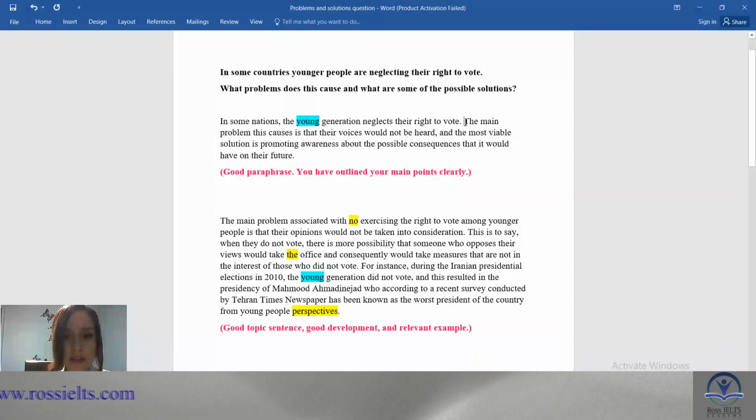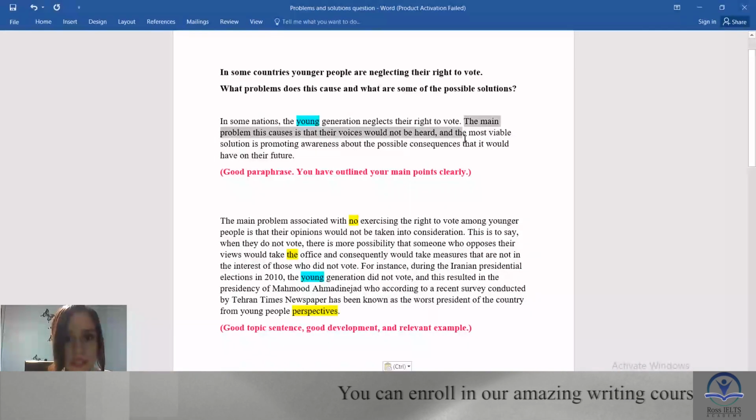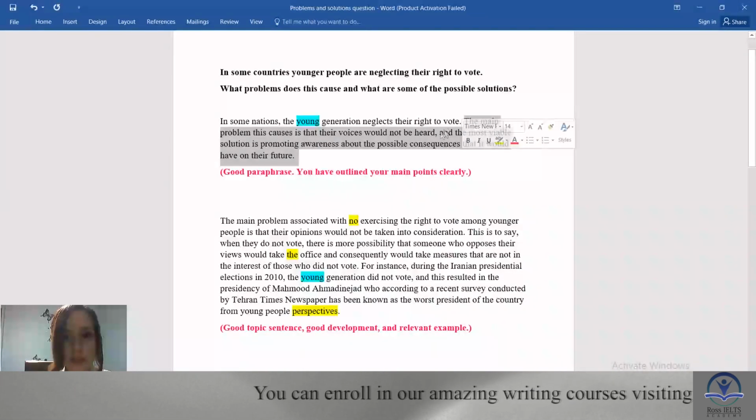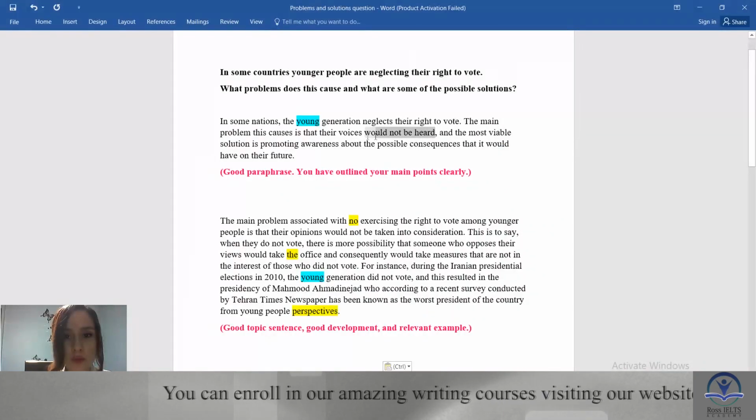And then after that, the candidate should answer the question, just to mention the problems and solutions for this question statement, which the candidate has said the main problem this causes is that their voices would not be heard. So this is the one problem that is mentioned.